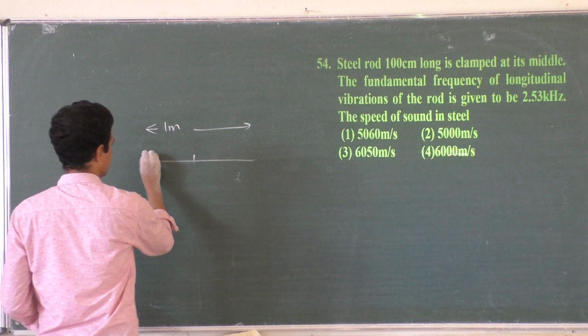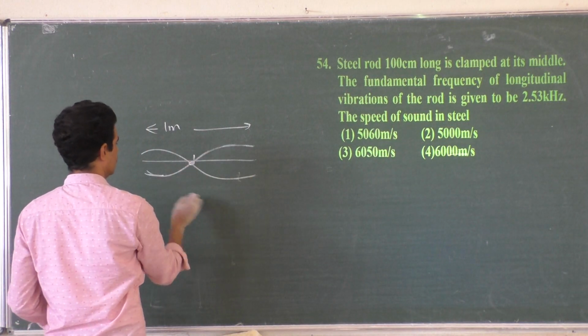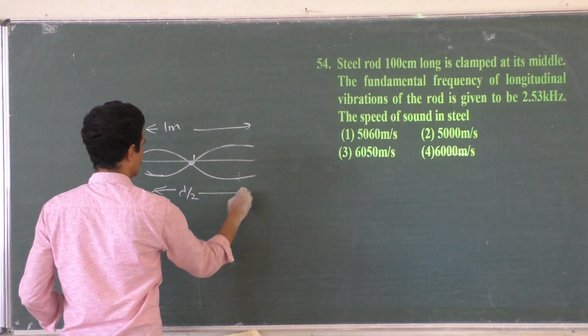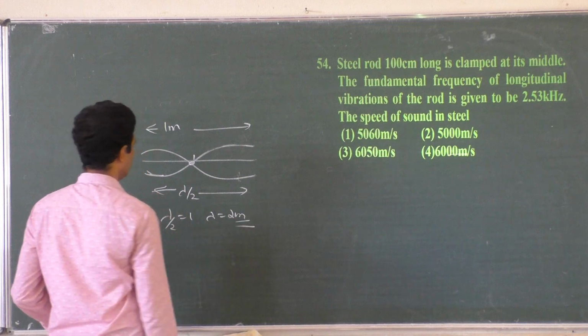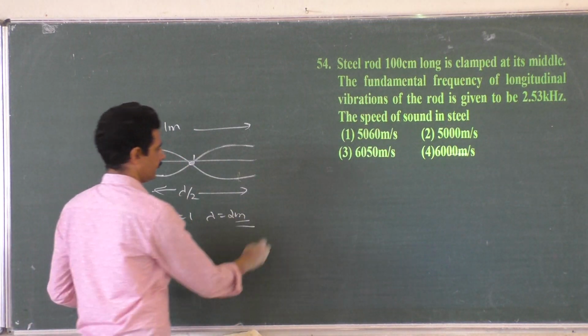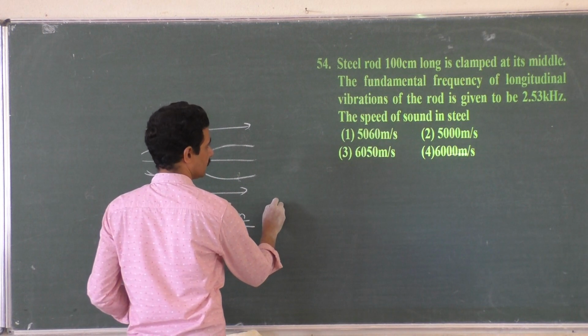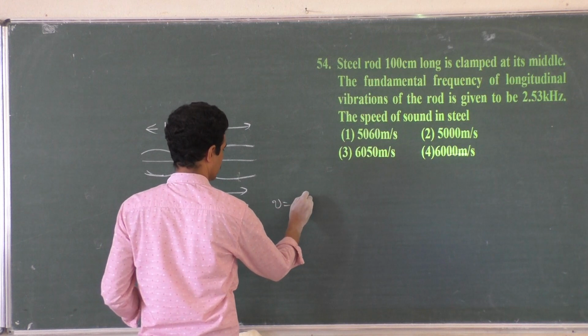Find the speed. Again the same problem. It should vibrate with a node here, antinode here. Lambda by 2 should be 1, lambda should be 2 meters. Lambda by 2 is 1, lambda is 2 meters. Frequency f, v is equal to f lambda.